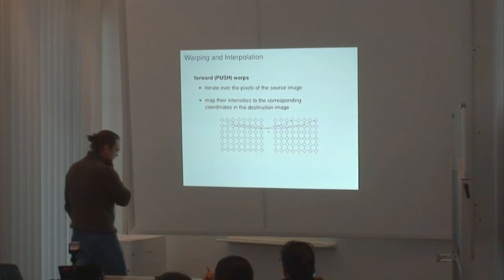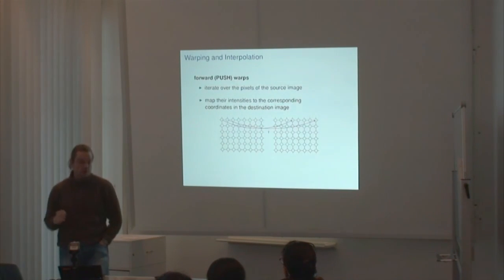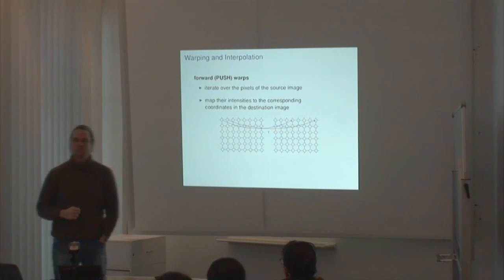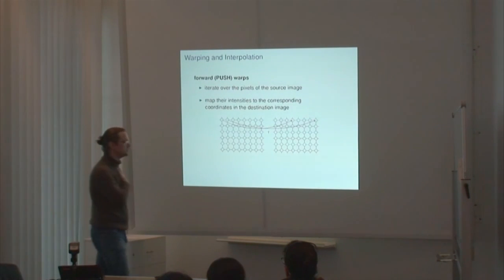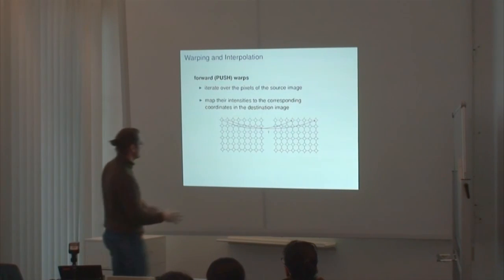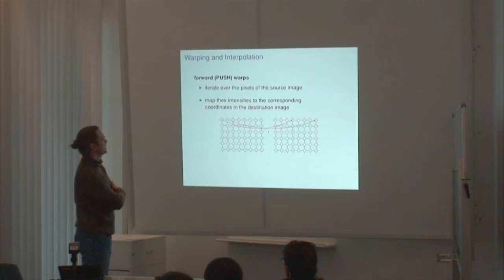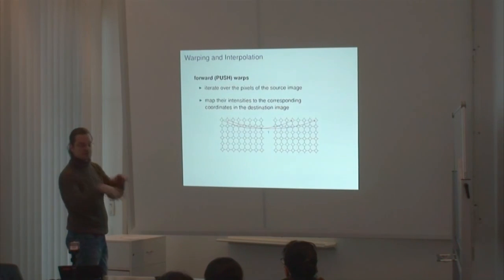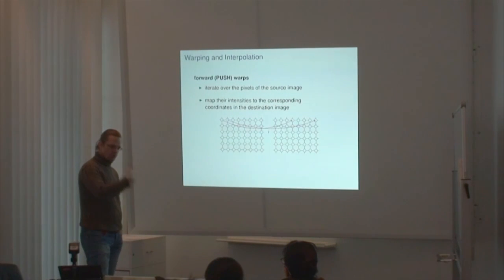And we discussed possible approaches as to how to accomplish that. A naive idea could be to say, okay, we are given an image. Let's think of this schematic representation on the left-hand side as a representation of the pixels of the original image. And let us apply a so-called push warp.